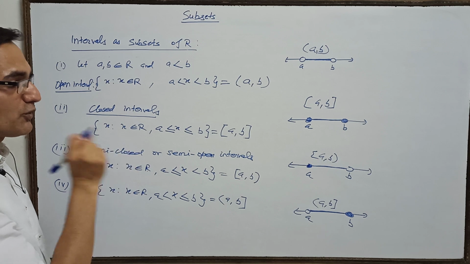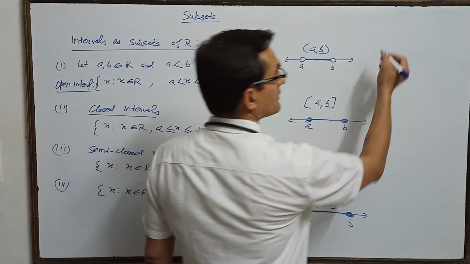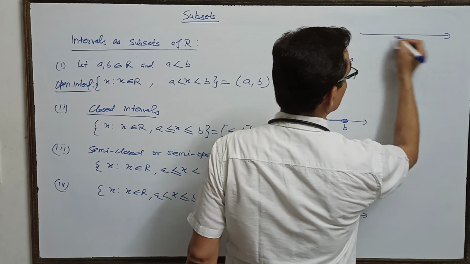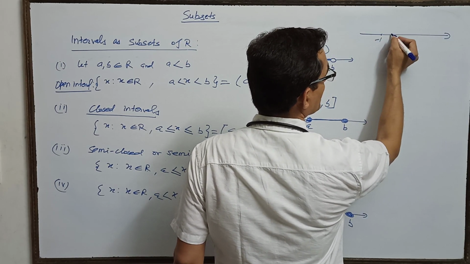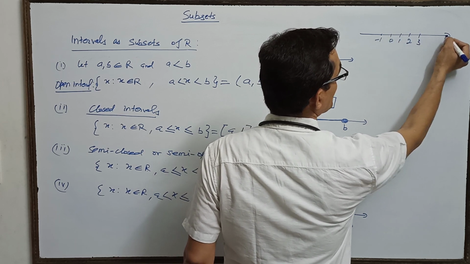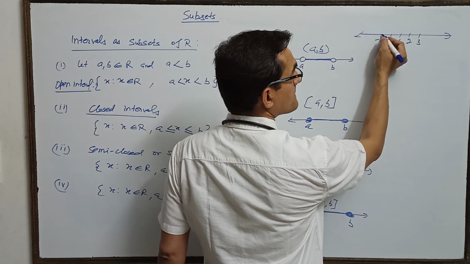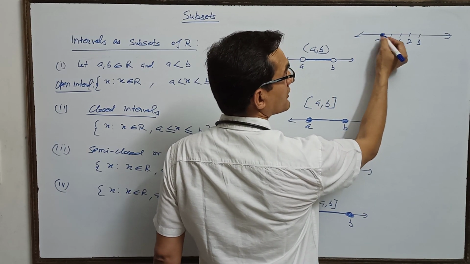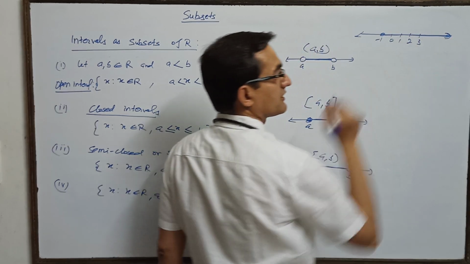intervals. One more point comes in this. If towards this, is -1, 0, 1, 2, 3 and it goes towards this side, or if we include -1, from -1 it goes till infinity towards the positive side.